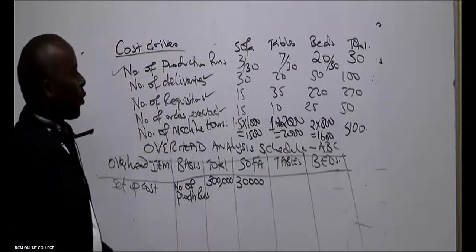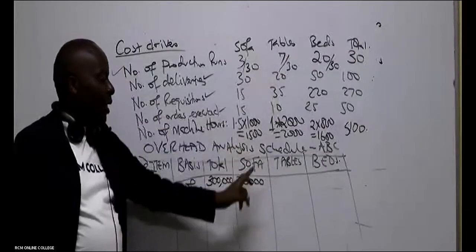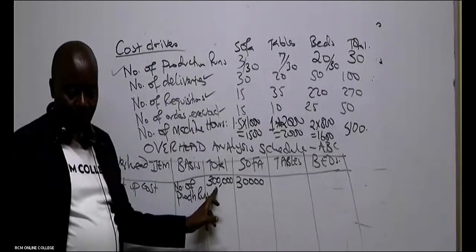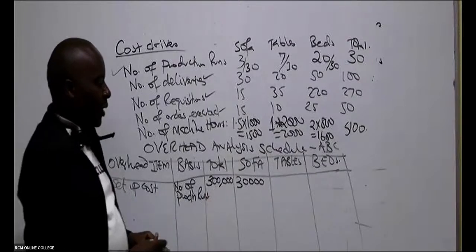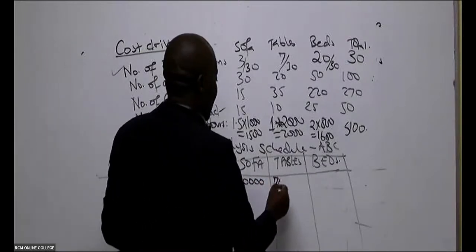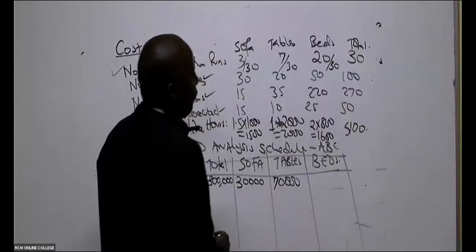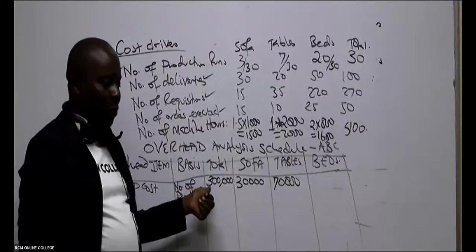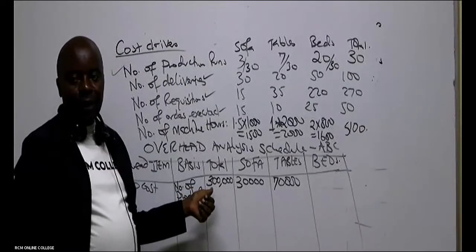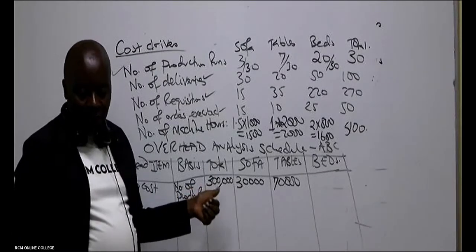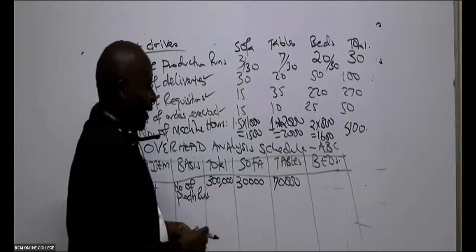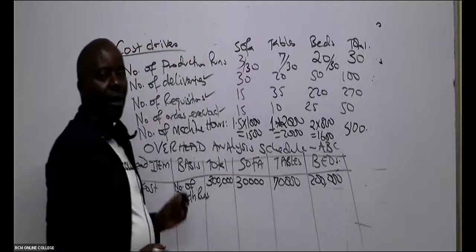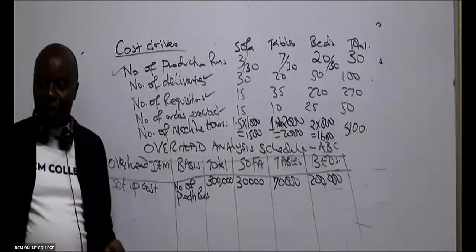The next one will be 7 over 30 times 300,000. That is 70,000. From there, we have beds, which will be 20 over 30 times 300,000. That is 200,000, isn't it? So that is one approach.